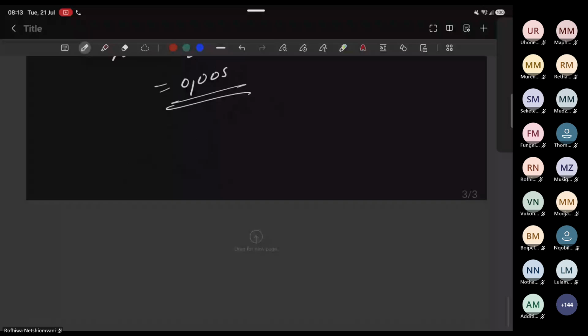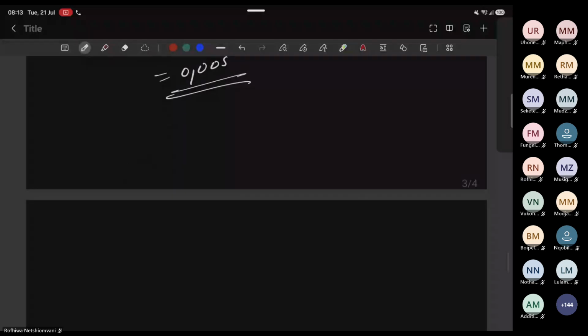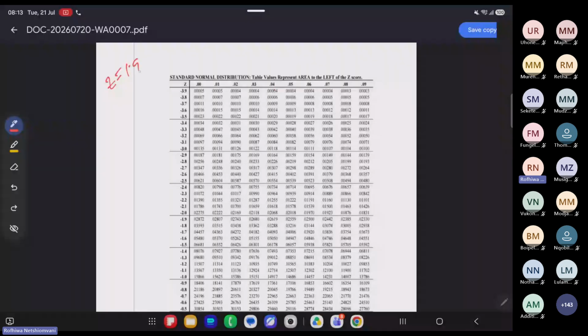Now that we know what our alpha is, let's learn how to read the table. If you go back to first semester, I gave you Z equals 1.96. We look for 1.9 on the left side and 6 at the top.